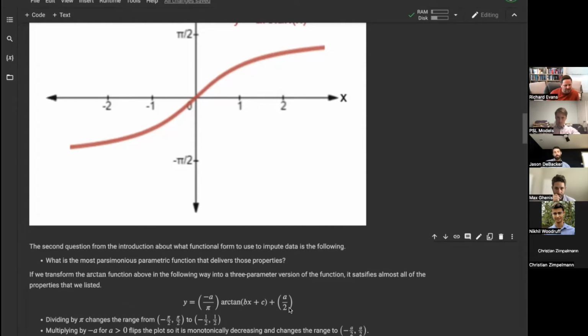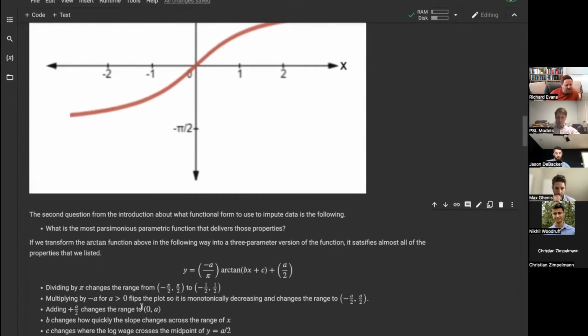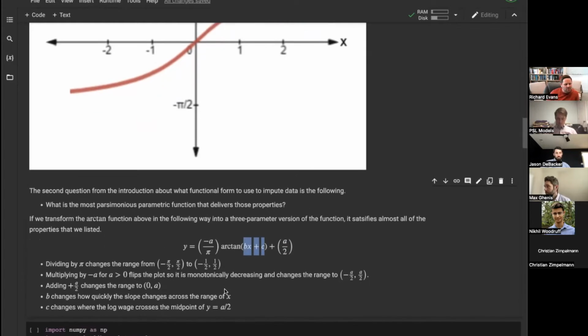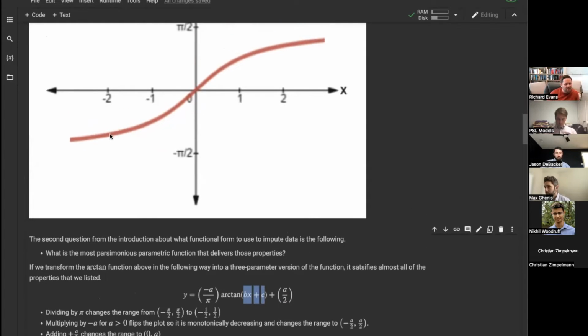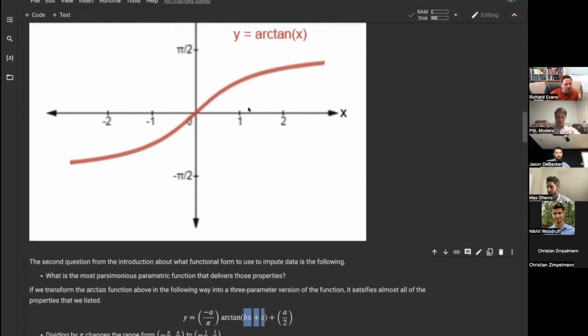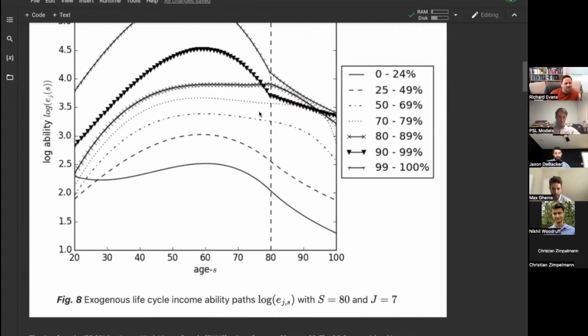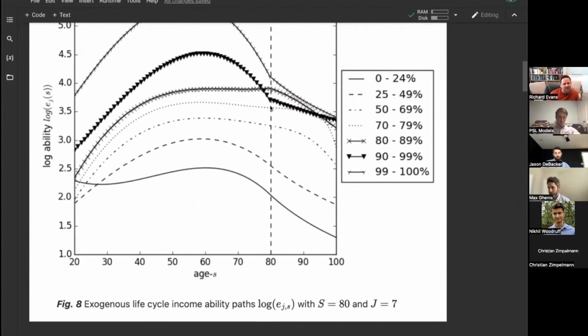Then we add a over 2 to make it go from 0 to a. And then instead of just x, we have bx plus c. So we can manipulate the slope of that function, how quickly it transitions, and where it crosses the midpoint. Basically we can attach that to satisfy those properties we wanted at the end of these functions.